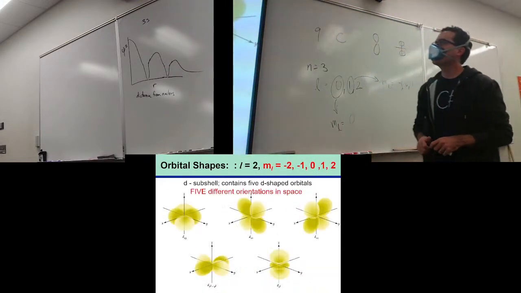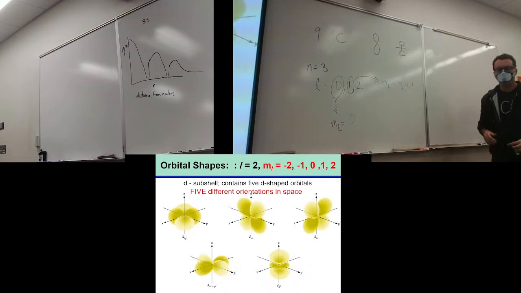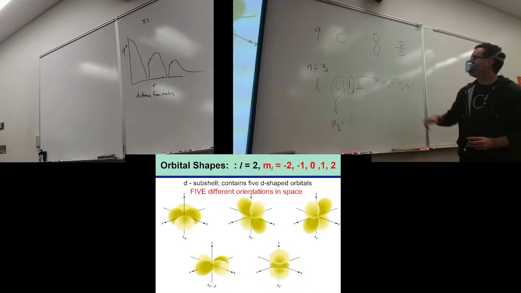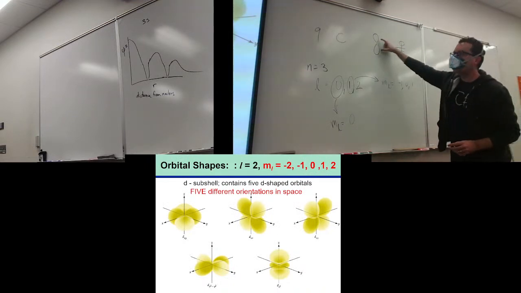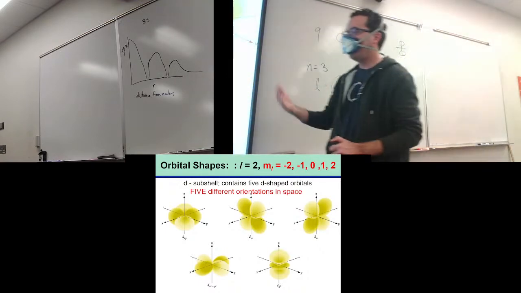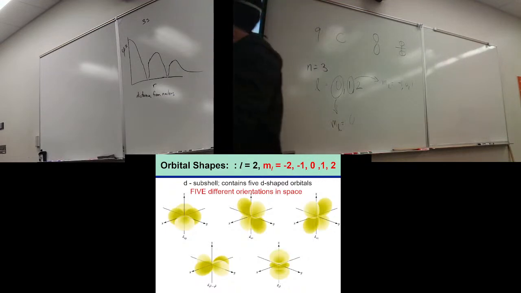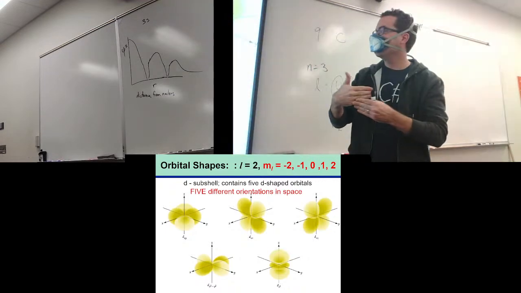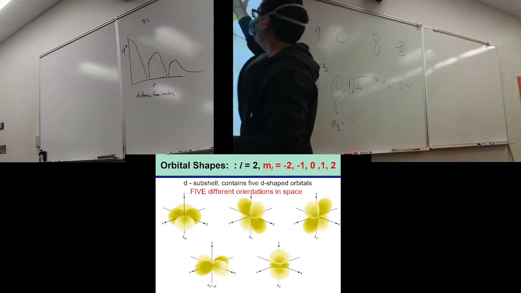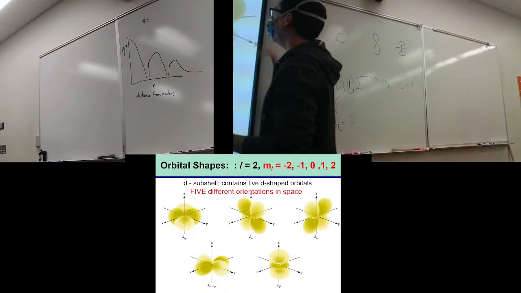So d orbitals are a little bit more crazy looking. Where p orbitals had 2 lobes like this, d orbitals tend to have 4 lobes. So there's 1, 2, 3, 4, with 0 electron density at the center again. They have 2 nodal planes. You can cut them here and here at the same time.